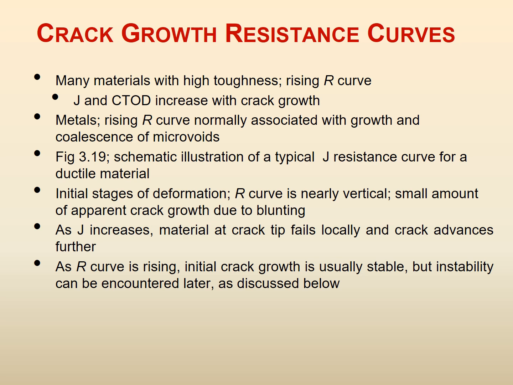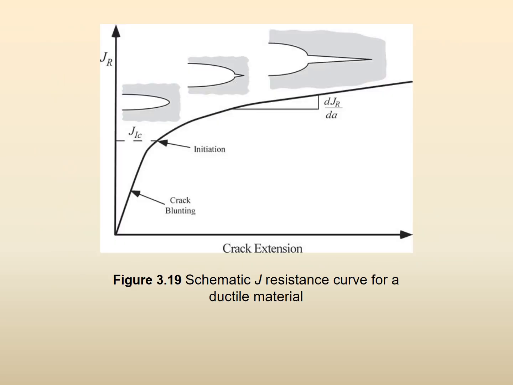So let us go to the curve. This is the J resistance curve, and this is the crack extension. Now this is brilliant. I am sometimes really wonderstruck. This is a totally unrelated thing, but I am teaching different courses: advanced applied math, material science, and fracture mechanics now.